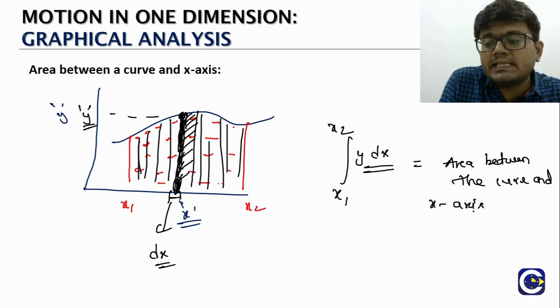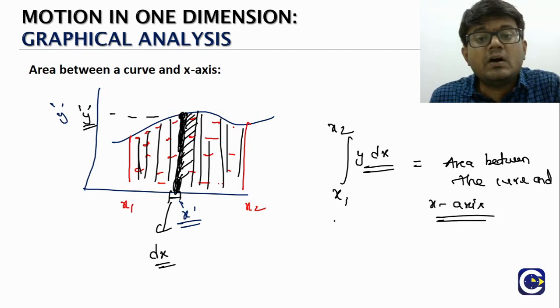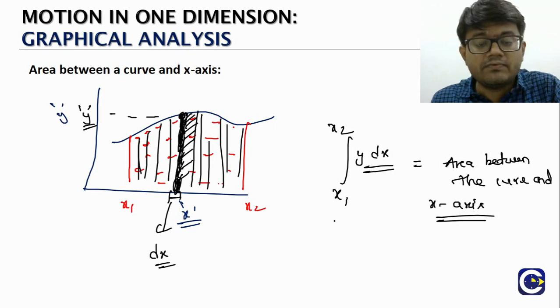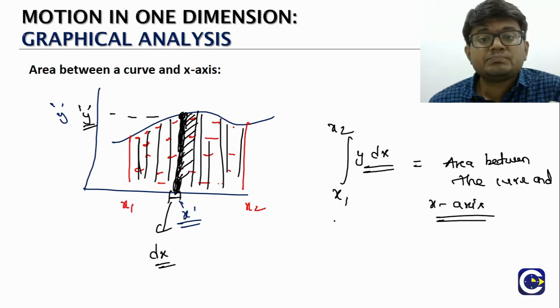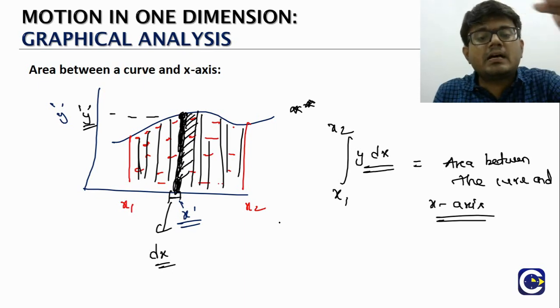So what is the significance of this area between the curve and the x-axis? It is nothing but what? The integration of y dx. So y is the parameter or the function we have that is marked on the y coordinate, and x is the variable. Okay, so the integration value will be giving us what? It will be giving us the area between the curve and the x-axis.